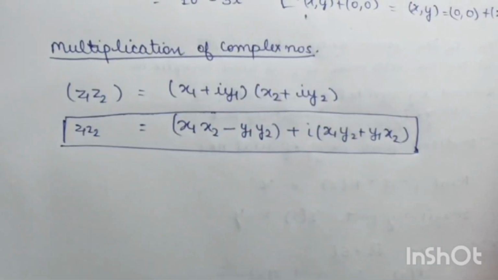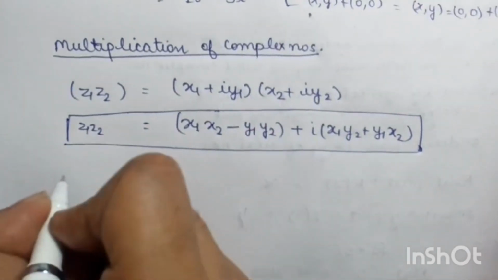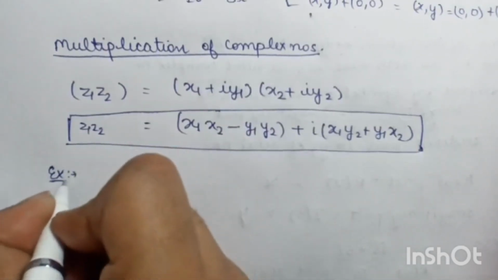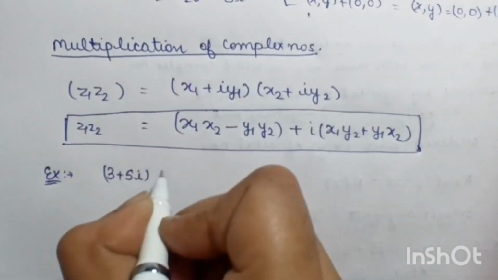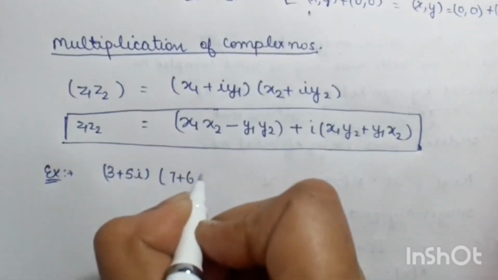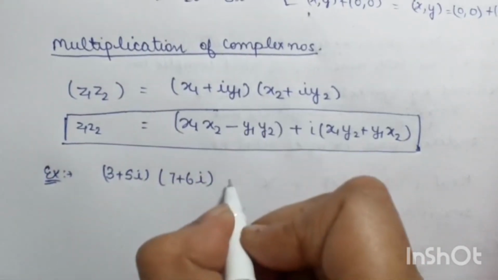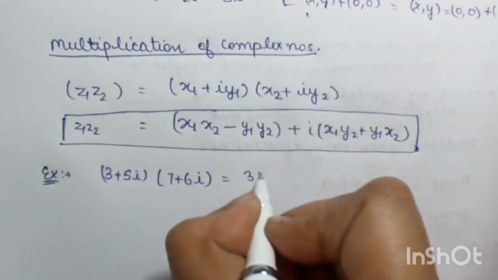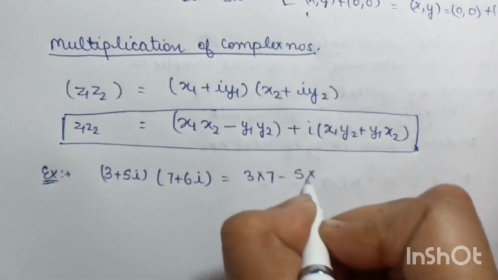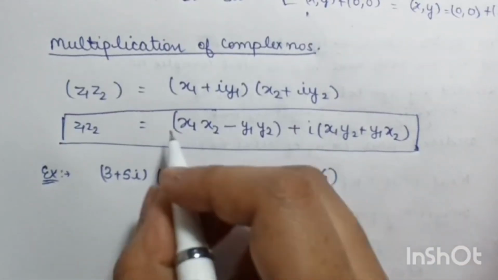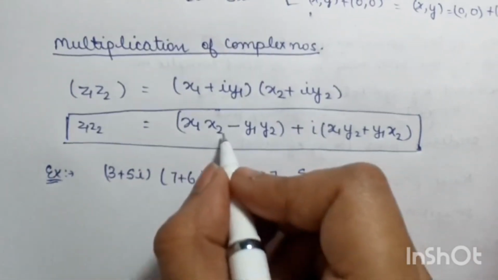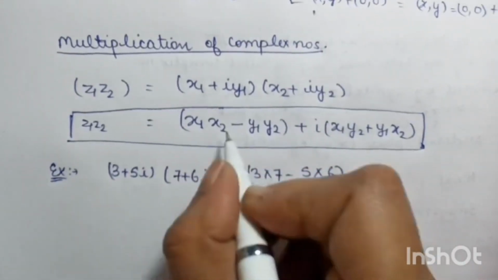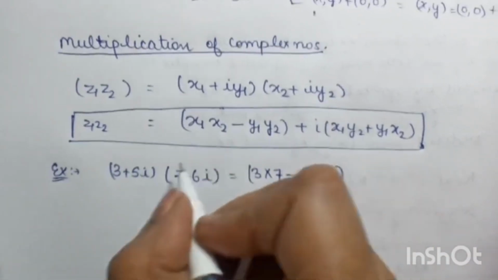Okay, or if you want, we can take an example of it. If we have 3 plus 5 iota into 7 plus 6 iota, then what will we get? We will take it like x1 x2 minus y1 y2. What is x1? 3. What is x2? 7. Okay, we multiply them, then minus, and what is y1?